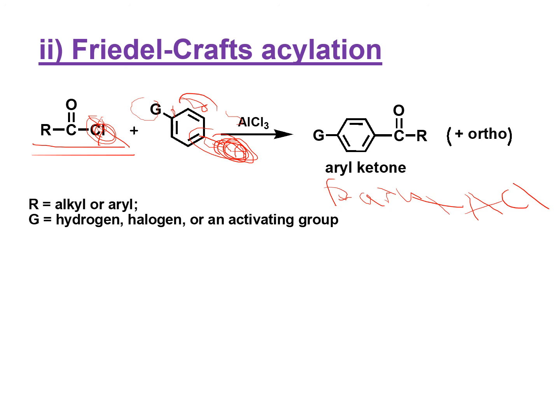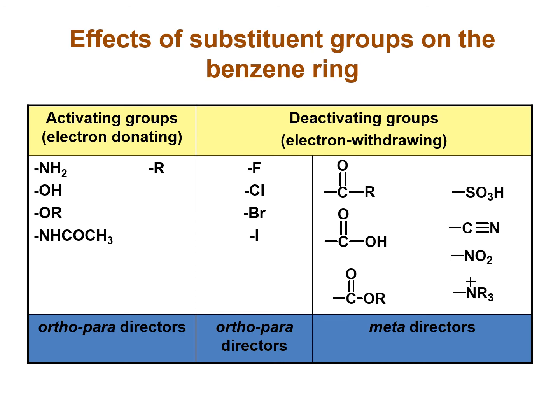Next, this is the effect of substituent group on the benzene ring. I believe you already know this. If you have an activating group, such as NH2, OH, OR, or OCOCH3, the substituent will be at the ortho or para director.